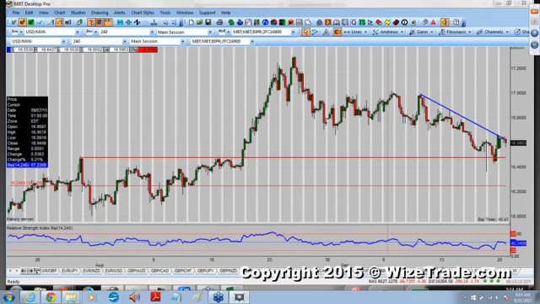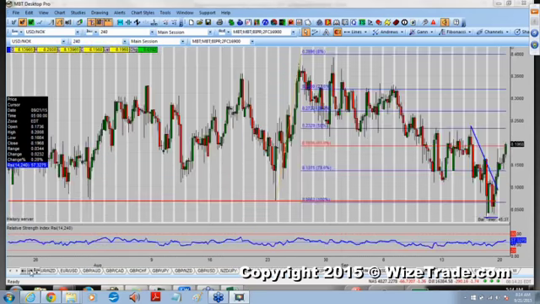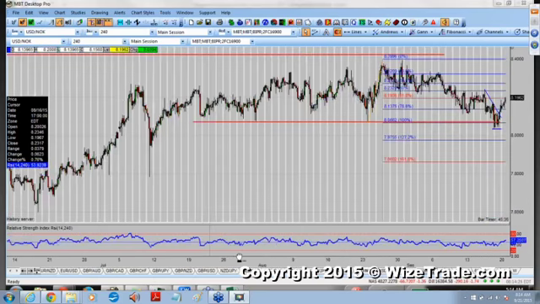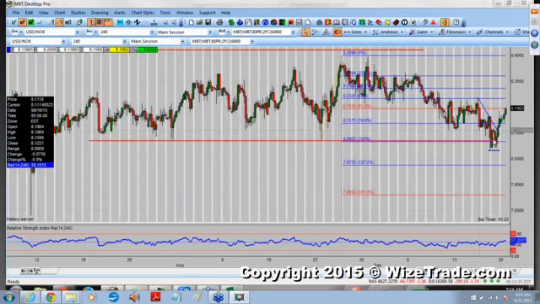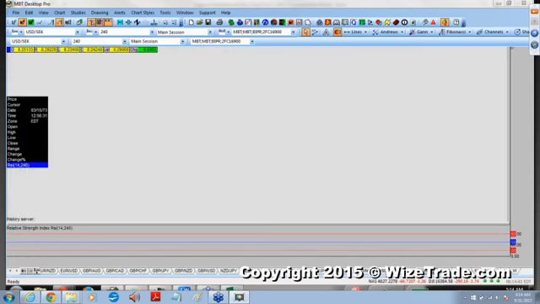All right, let's go take a look at the Nordic currencies. Wow, look at that. Look at the reaction from support last week. Huge reaction off of support. I don't know if there's anything to do with it right now, but huge reaction off of there. Swedish krona.